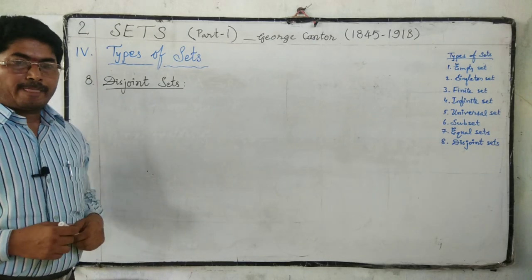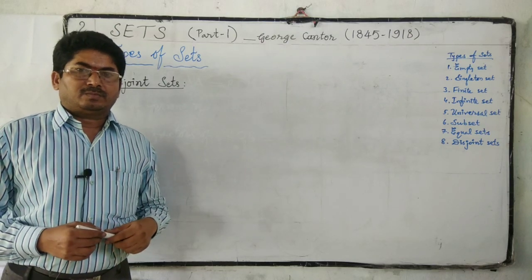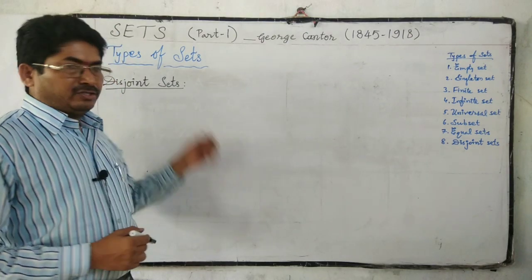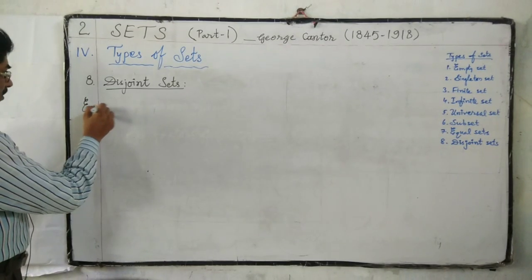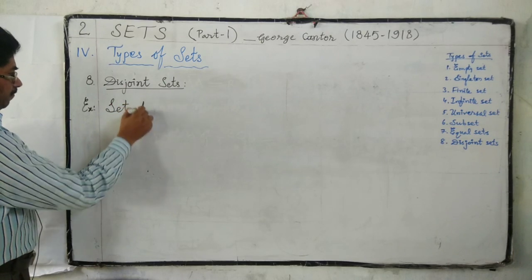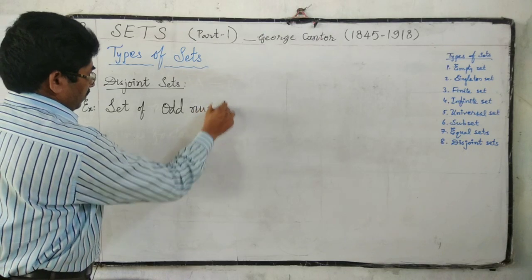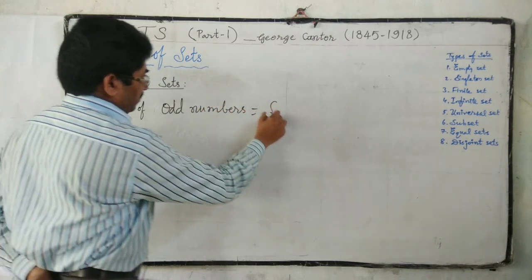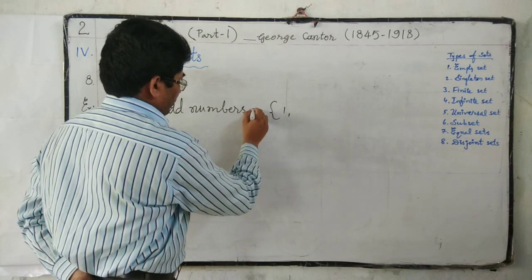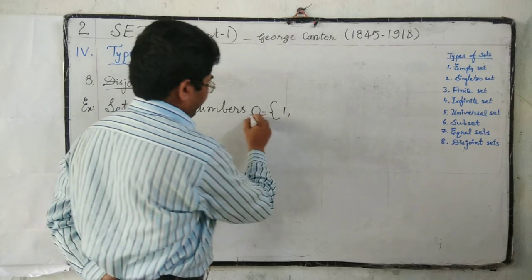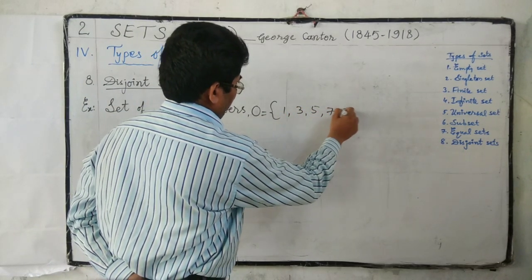Disjoint sets. If two sets contain no common elements, then they are called disjoint sets. For example, set of odd numbers O is 1, 3, 5, 7, 9 and so on.